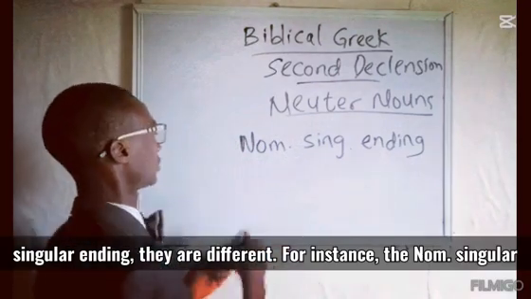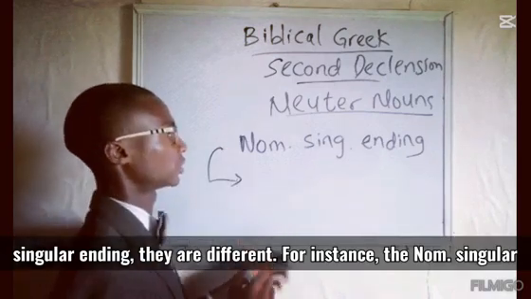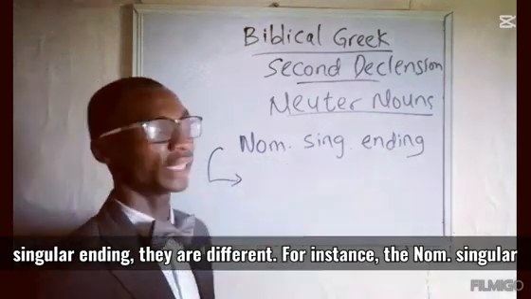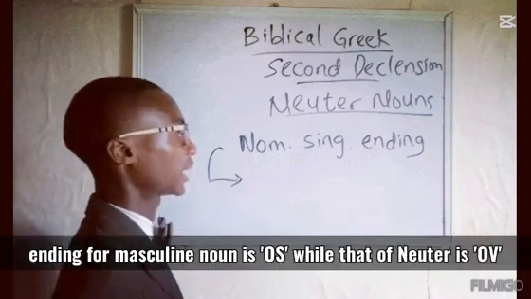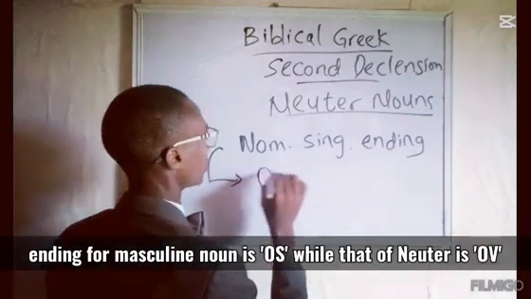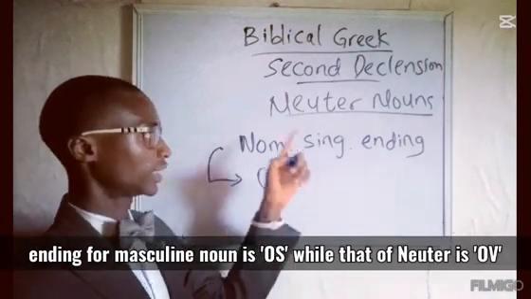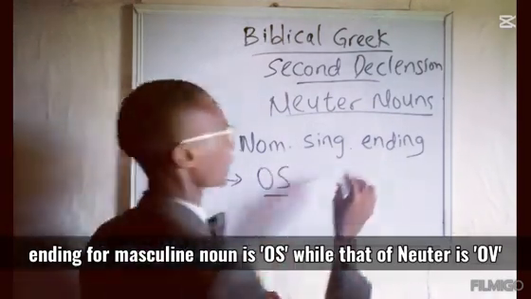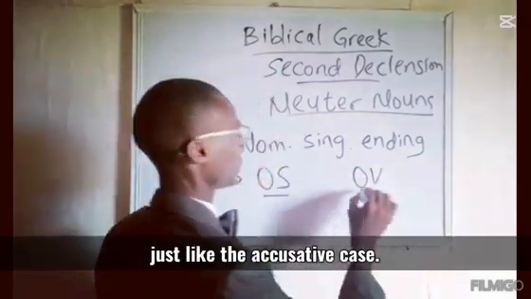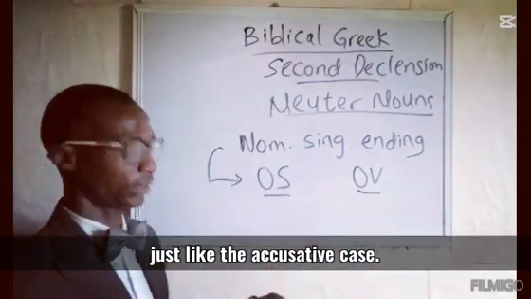For instance, the nominative singular ending for the masculine noun is os, while for neuter it is on, just like the accusative case.